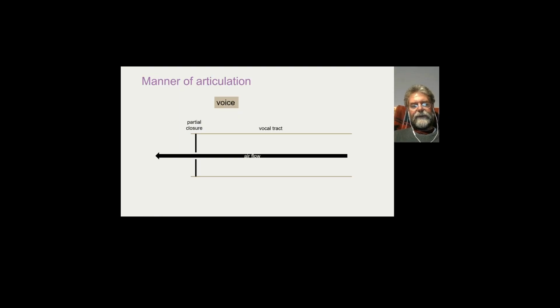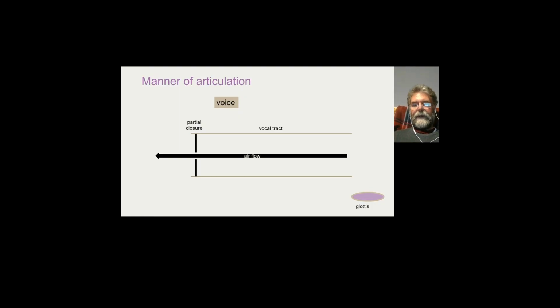Here we've got our picture of a fricative where air is being forced through a partial closure somewhere in the vocal tract. We also, as I've said before, have a piece of apparatus down inside your windpipe called the glottis. And the glottis is responsible for doing all sorts of things, and one thing it does is vibrate and produce what we call voice. So when you vibrate your glottis, you get this sound, ah.